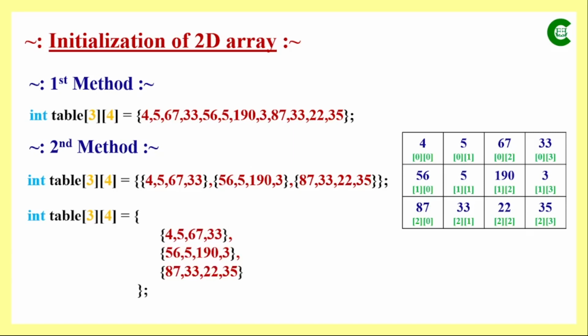This is another way where all the elements have been grouped row wise and represented in the form of a matrix. So in this method of initialization, by looking at the values, we can easily say which row and which column a particular element of that 2D array belongs to.